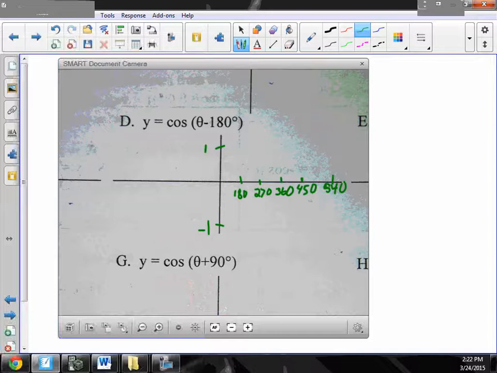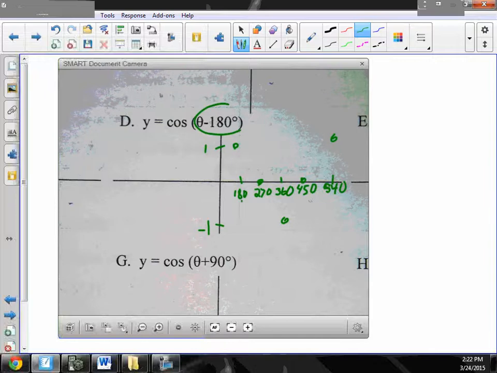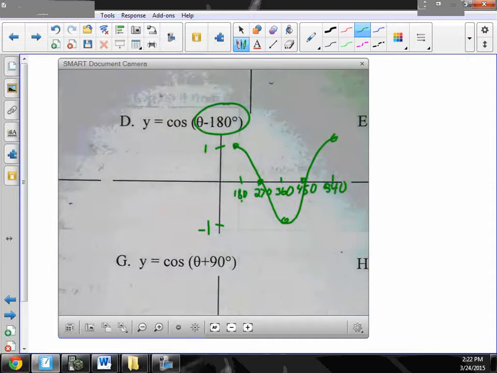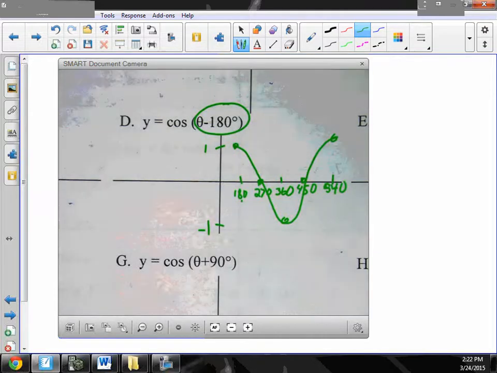Where does the cosine start? At the top. So it'd be top, middle, bottom, middle, top. It now starts at 180 because it's been shifted to the right. Okay?